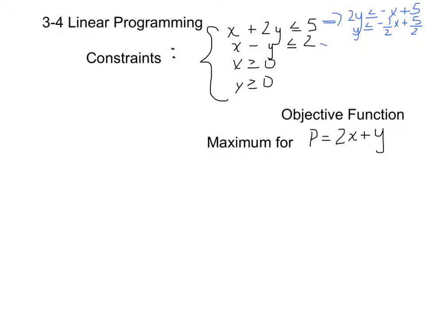And then for my second one, we have to subtract x and divide by a negative, so don't forget to flip the inequality. And then the last two are ready to graph.